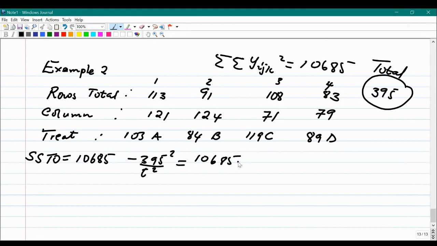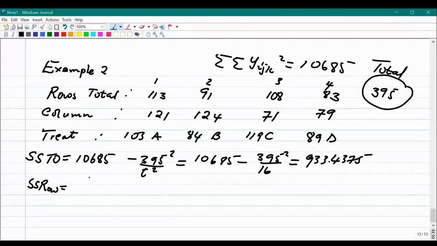Let's calculate. Can you please help us with the total? 933.4375. Can someone confirm the value? That's correct. Thank you.